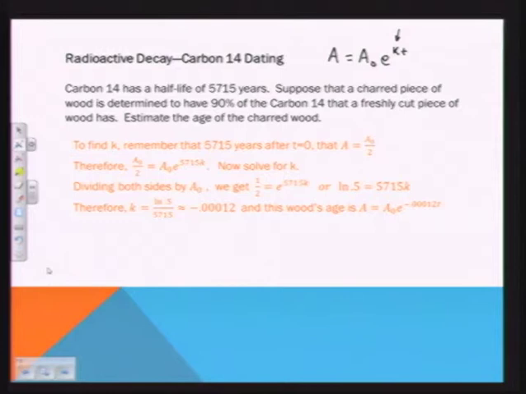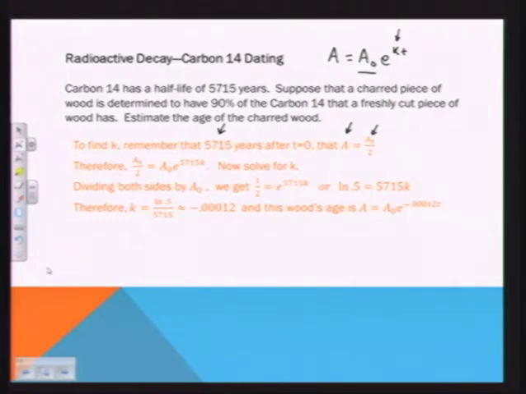That's just a check that's in the back of our minds as we work this problem. Notice we don't know what the initial amount is, but that's not going to be important here, as you'll see in just a moment. What is important is we need to find the rate of decay. And so to find k, we remember that the half-life is 5,715 years after t equals 0. So the amount at that point in time will be half of what we started with.